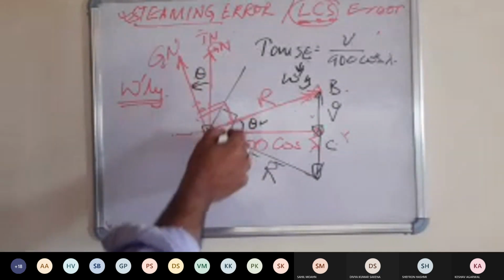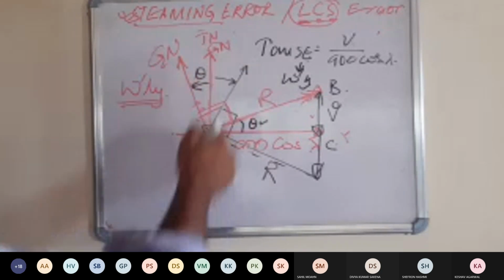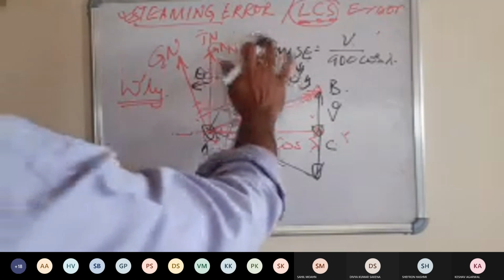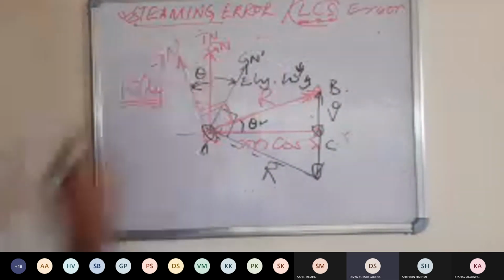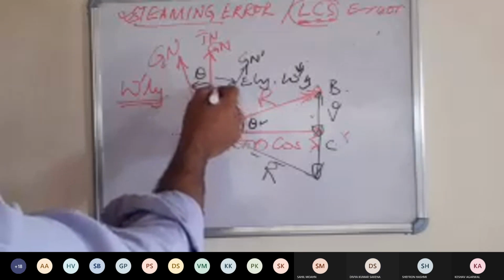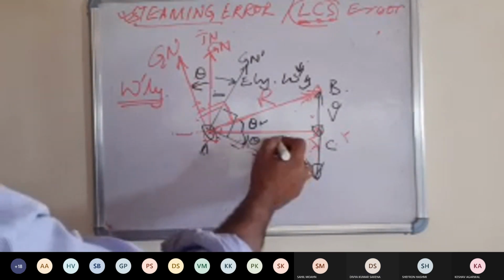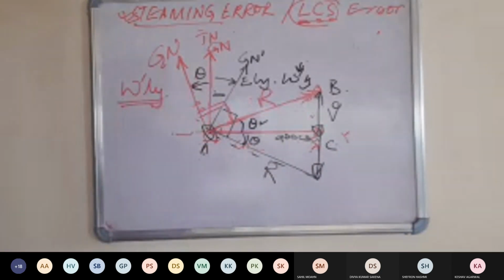So she will be settling at 90° to this. So this time the error is easterly. And the angle created will be the same as it is here, theta. Correct?